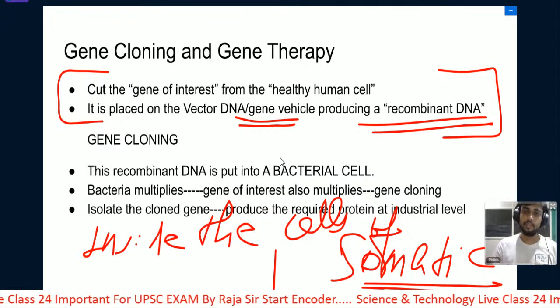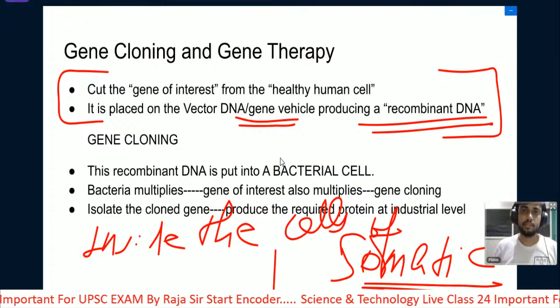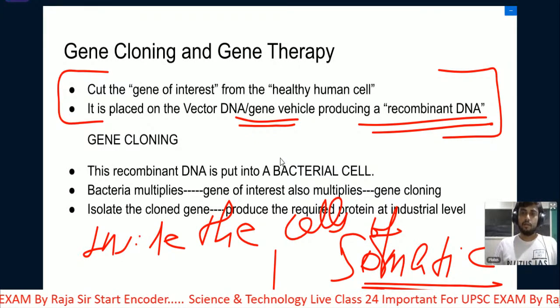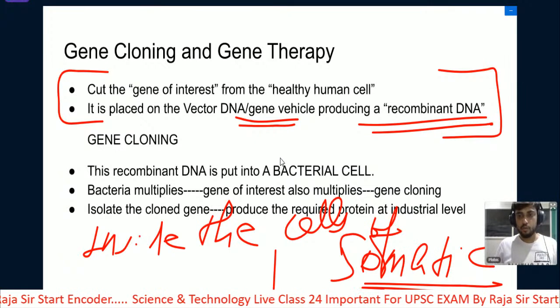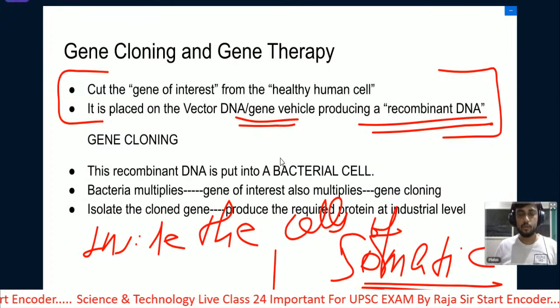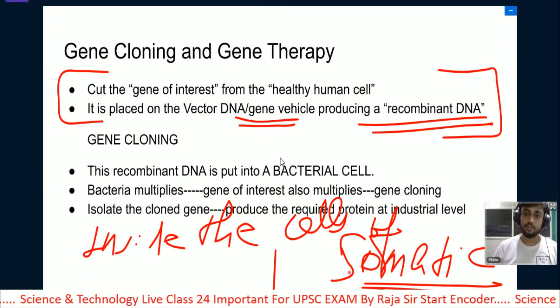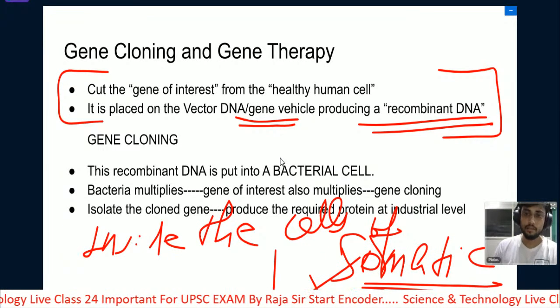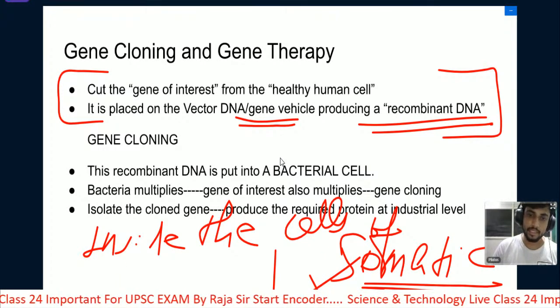You have to insert this copy in all of my cells, and this process is not practical. Supplying the copies of the recombinant DNA to all of my somatic cells is not practical. But we can provide this copy to the sex cells.